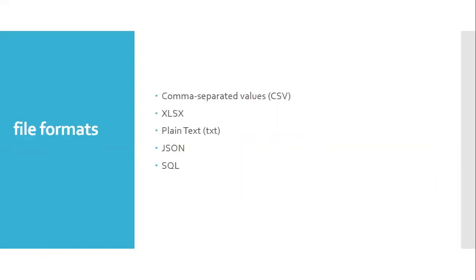Now, the main aim of using Pandas is to analyze your data. Your data may be present in different formats. For example, your data may be present inside a CSV file. CSV means comma separated values. It is a normal text file, and all the values present inside the text file are separated by commas.